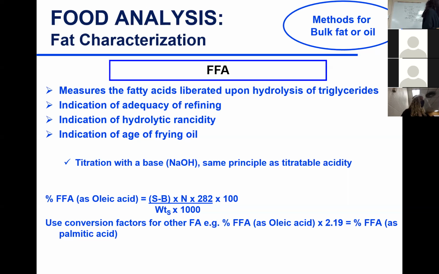And since it's a percentage, you divide by the weight. Since everything is in grams and not in milligrams or milliequivalents, we have to divide by 1,000 to convert milliliters to liters, and you multiply by 100 because it's a percentage. So in this case, you divide by the weight, you multiply by 100.